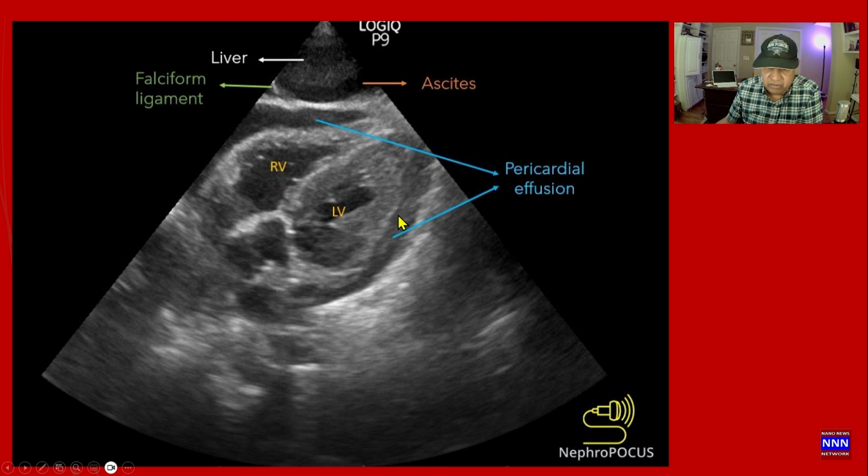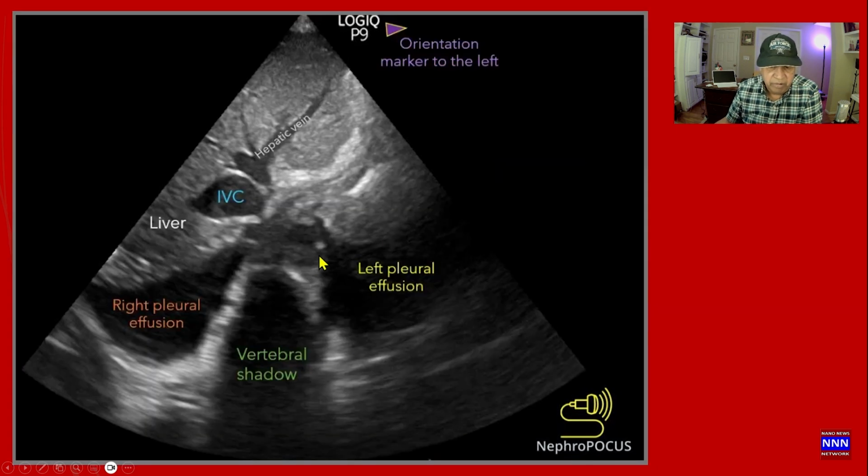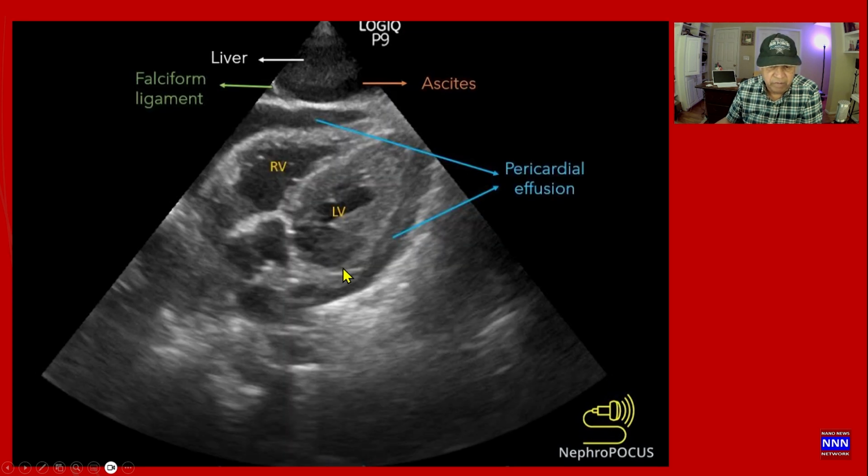There are some fibrin strands noted here because it's not as echogenic as the anterior region. So this is how we differentiate between the pericardial effusion and pleural effusion based upon position relative to the descending thoracic aorta and the vertebral bodies. As I said, vertebral bodies help to identify demarcation of the left and right pleural spaces.